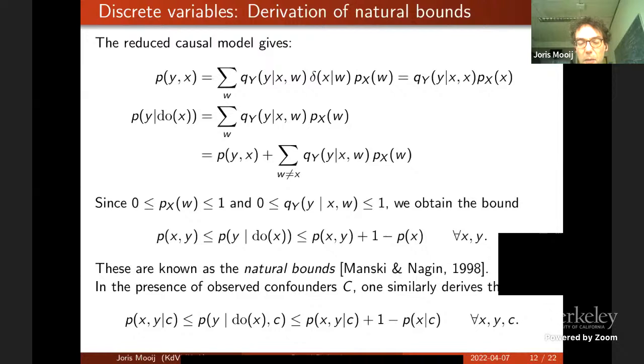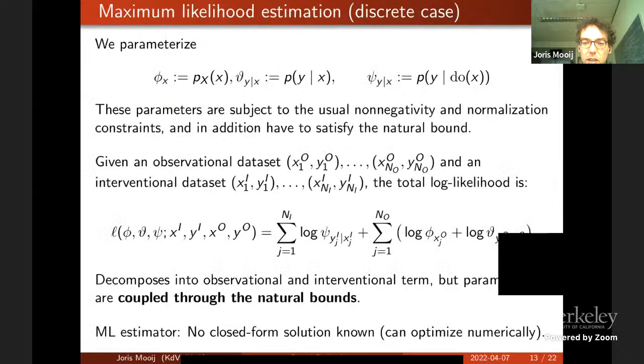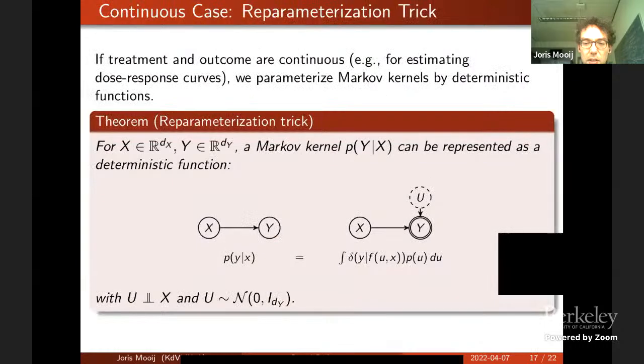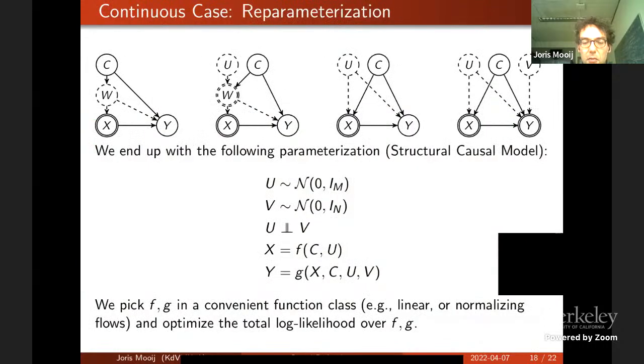I'm not sure exactly what is going on, but I think it has to do with regularization and smoothness assumptions. So perhaps that's an explanation why we seem to get better estimates, because in our normalizing flow parameterization, here, we regularize the functions f and g to have a certain smoothness in the end.